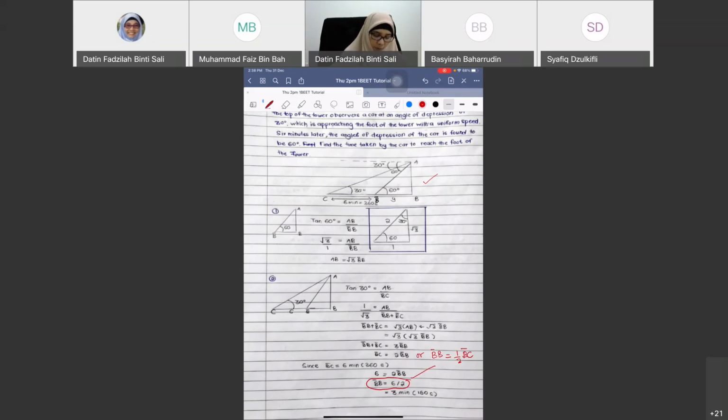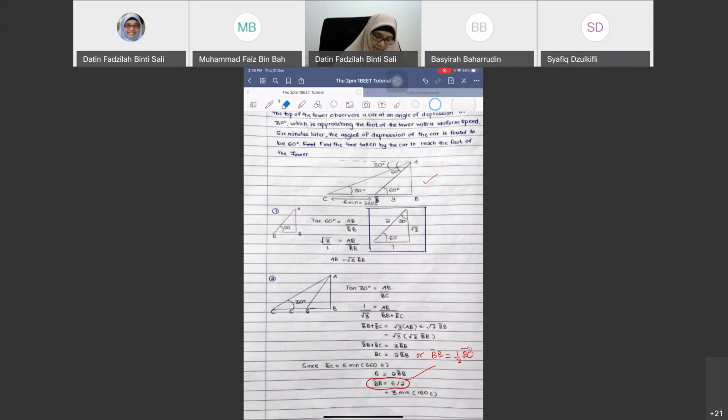Because what you want is the time taken going from B with a bar here to B, which is half times the time taken going from C to B with a bar.